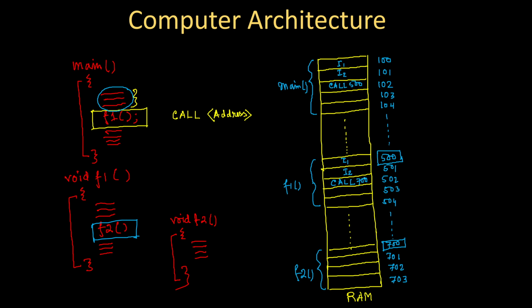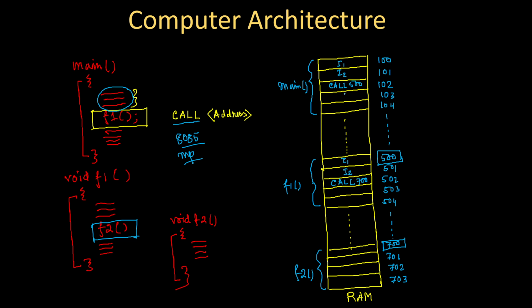So what does it mean? This call instruction is a valid instruction in the 8085 microprocessor, what we discussed as a prototype in the first class of my lecture.